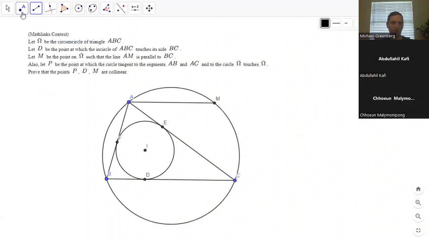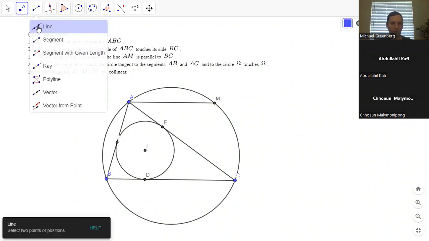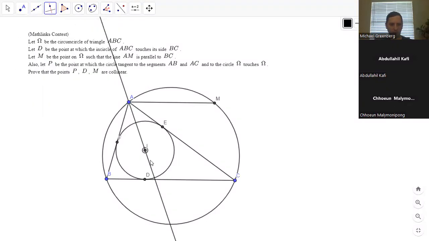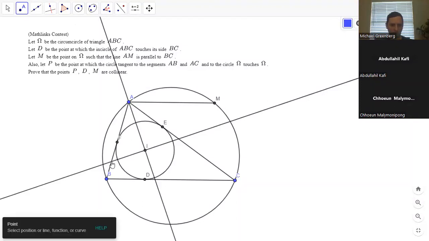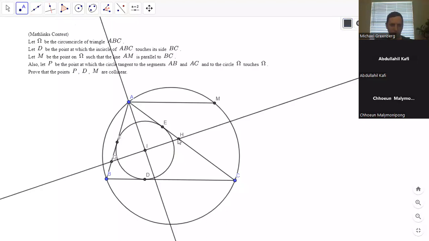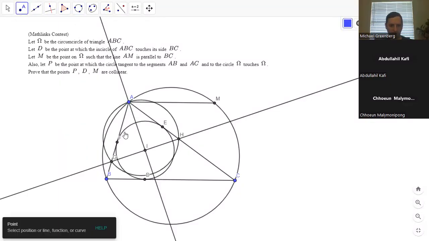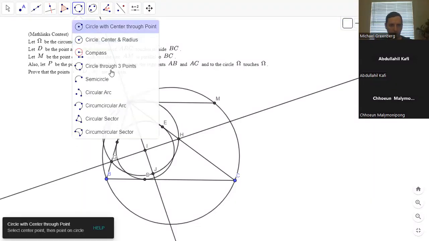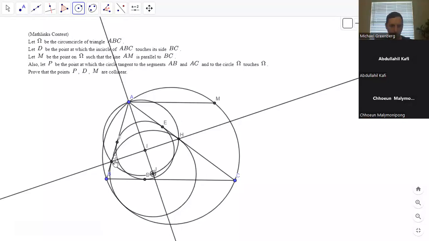Okay, so we want to draw the mixtilinear incircle. So we could do it like this. And draw these two, and then this should be the center of the mixtilinear incircle right here, and J. There we go.